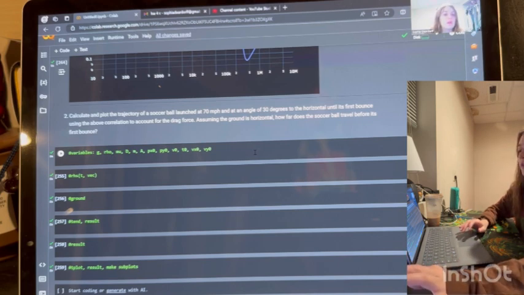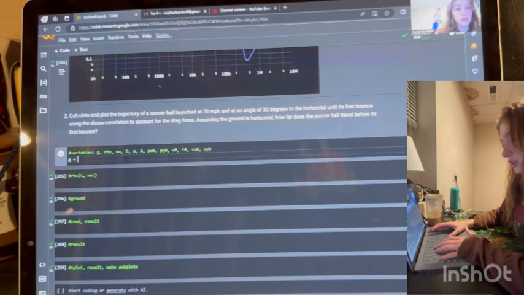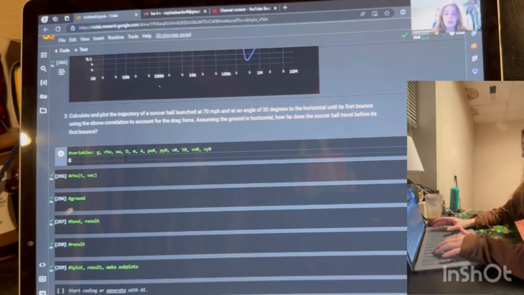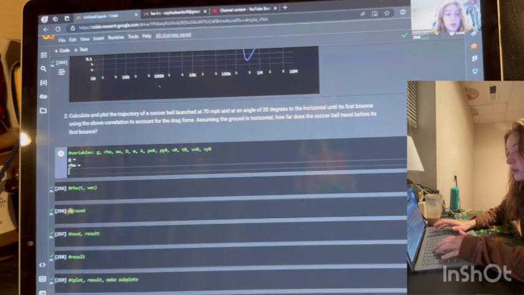So for this problem, we're going to start with our variables like we normally do. I'm going to go through and list all of these out and then fill them back in.